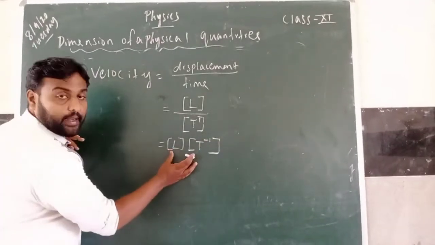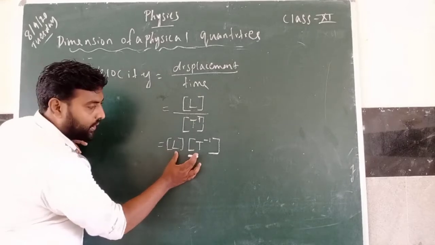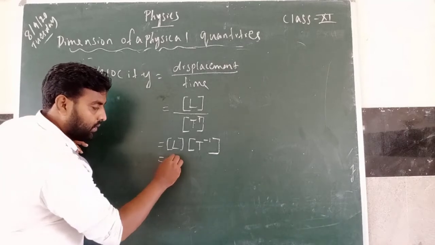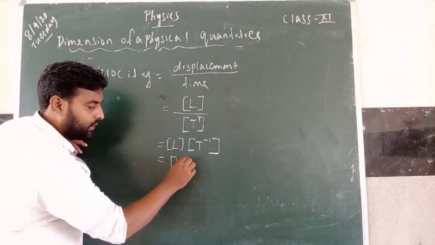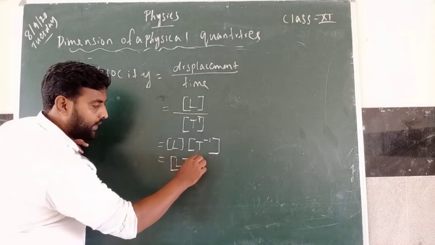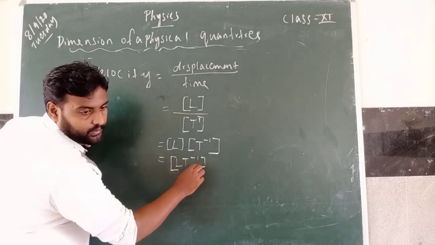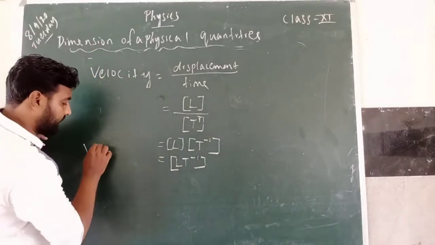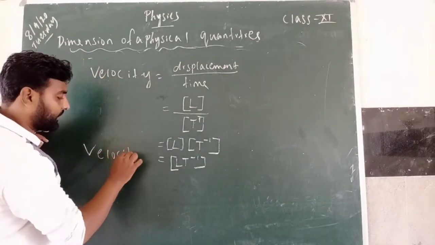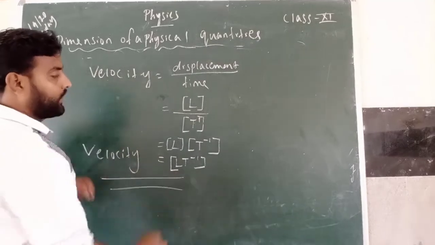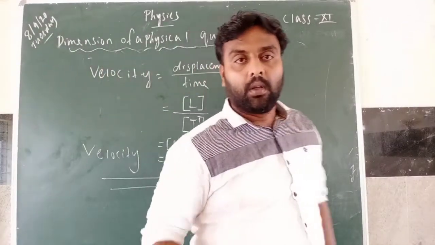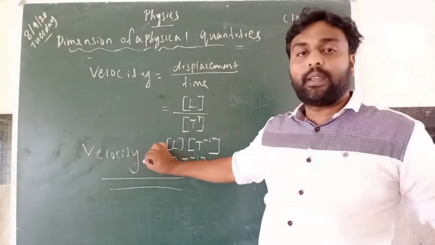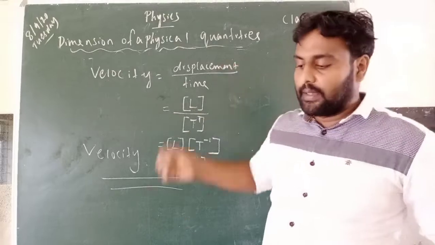Now you can write these two quantities in one single square bracket: L T power -1. This is the dimensional formula for velocity. Like this, for all the derived quantities, we can find the dimensional formula.